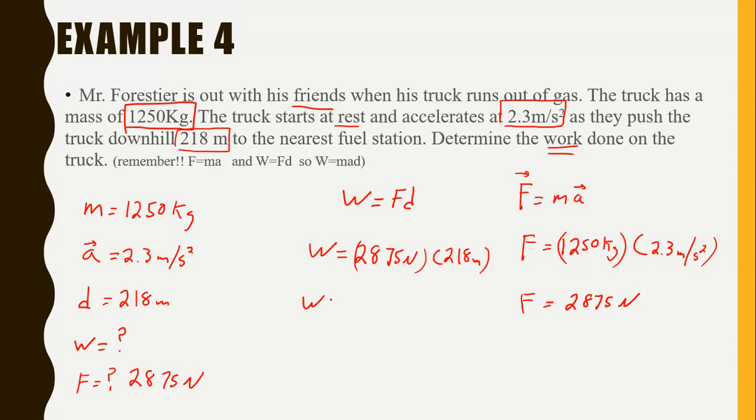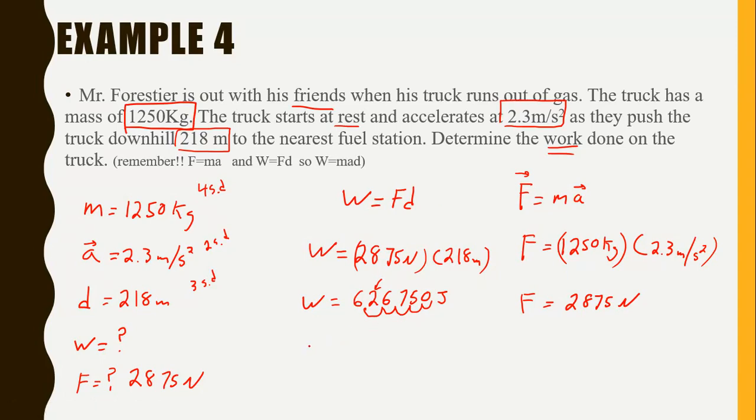So the work done by Mr. Forestier and his friends to the truck was, lots of work was done, 626,750 joules.